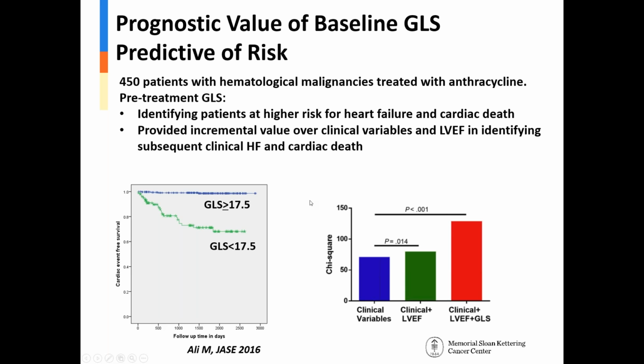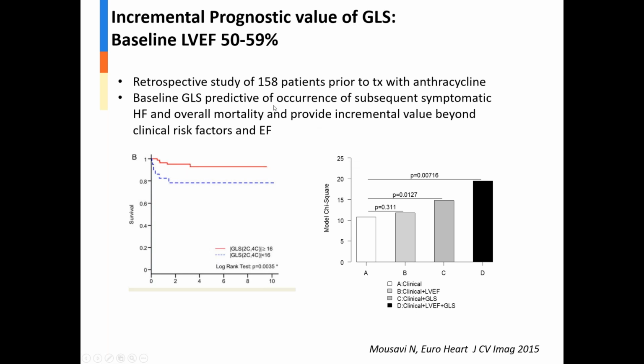In this retrospective study of patients with hematologic malignancy, a GLS of less than 17.5% identified patients at higher risk of heart failure and cardiac death, providing incremental value over clinical variables such as LVEF in identifying subsequent heart failure and cardiac death. And furthermore, a population in whom GLS may be especially useful is patients with borderline ejection fraction, such as in the patient that we presented.